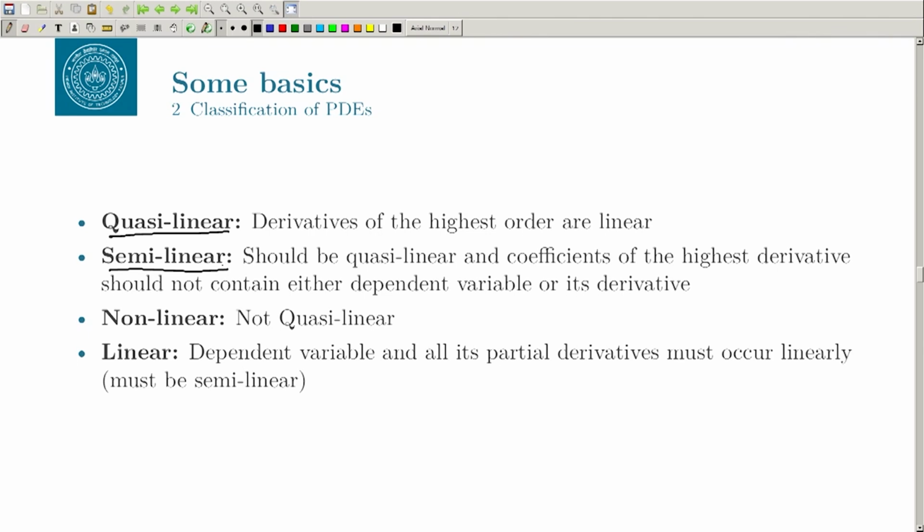Quasi-linear means that the derivatives of the highest order are linear. For example, take del squared u by del x squared plus del squared u by del y squared plus del squared u by del z squared equals 0.